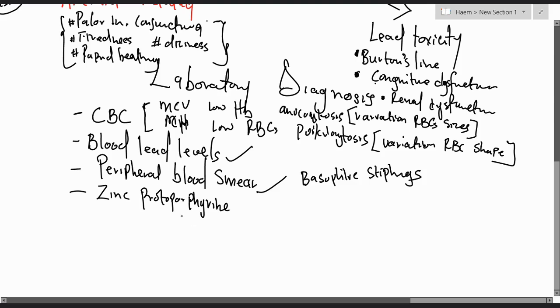And then for the zinc protoporphyrin, remember that I said one of the disruptions of lead to hemoglobin synthesis is the prevention of protoporphyrin IX from taking up iron. If that does not happen, it is zinc that binds to the protoporphyrin to form a substance we call zinc protoporphyrin.